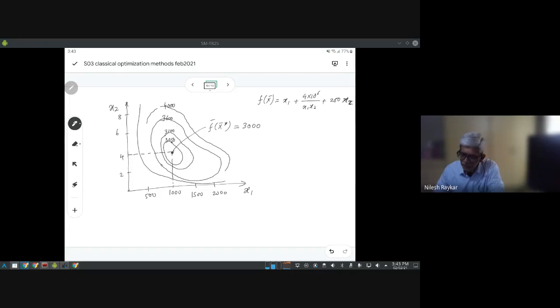Each of these lines represents a value of the function. This line is where the function value is 3600, this is where it is 3100, and so on. And if you visualize this as a three-dimensional surface, the bottommost point is the one at 1000, 4.